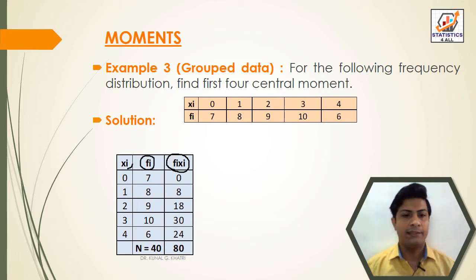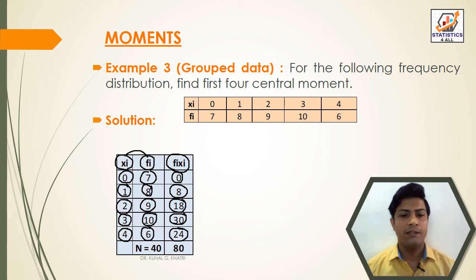So here 0 into 7, we get 0. 1 8 is 8. 2 9s are 18. 3 10s are 30. 4 6s are 24.